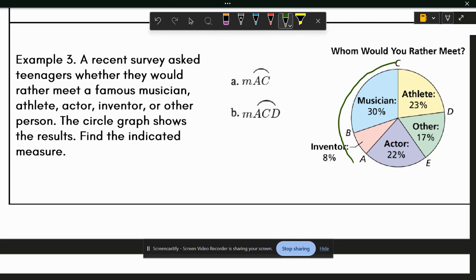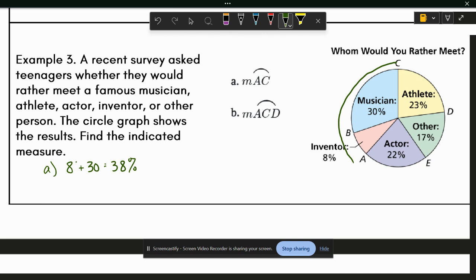Now, here's the deal. It says 8% and 30%. It doesn't actually tell us degrees. So we're going to have to convert that into degrees using percentages. So a way to do this is first add up our total. So I'm going to do my work for letter A here. 8% plus 30 is going to give us 38%.